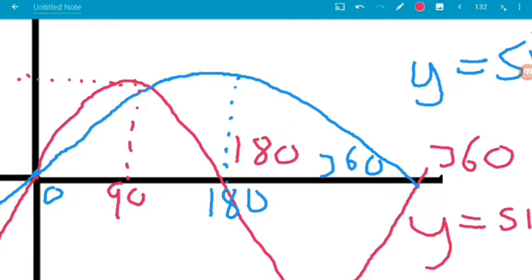So actually, at 180 degrees, sine of 1/2 x gets the y value of sine of 90. Sine of 1/2 times 180 is sine of 90. So that's why this slows down, makes us more chilled out.